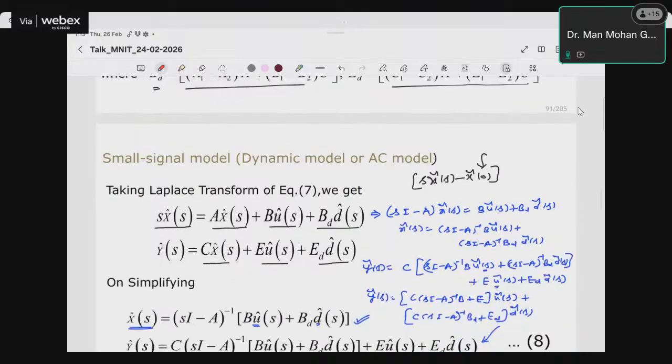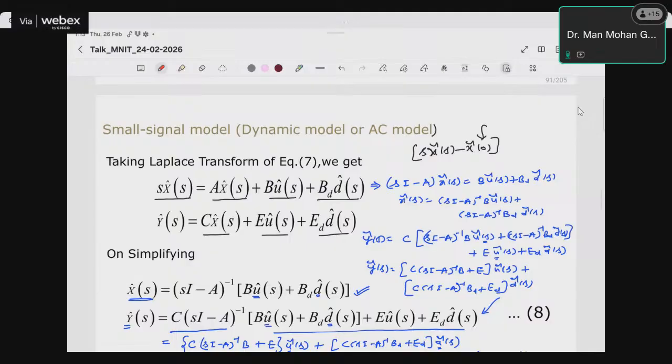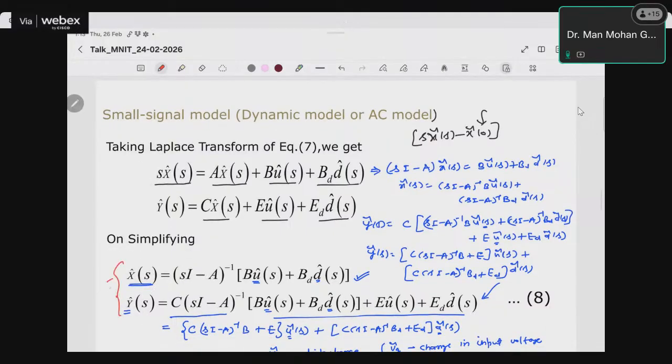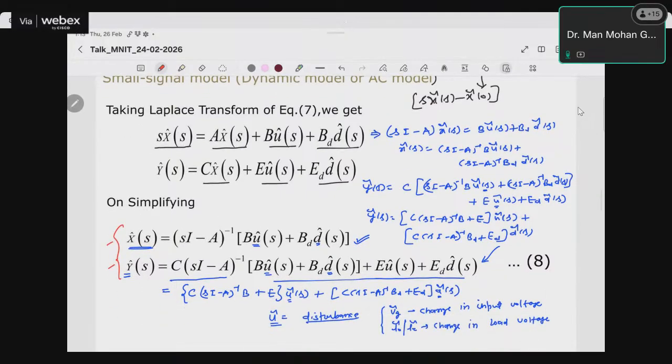So based upon that, we have derived again these two expressions, and we discussed that these two expressions give all the possible transfer functions in which we may be interested for our analysis and controller design, right?